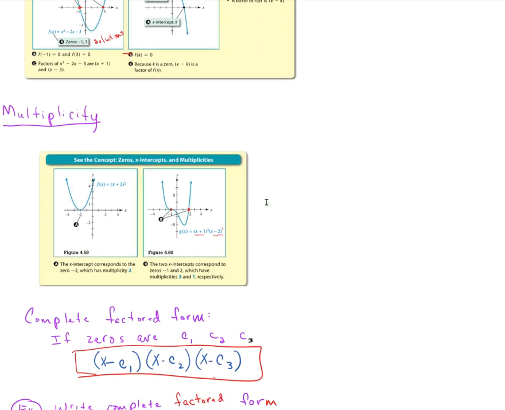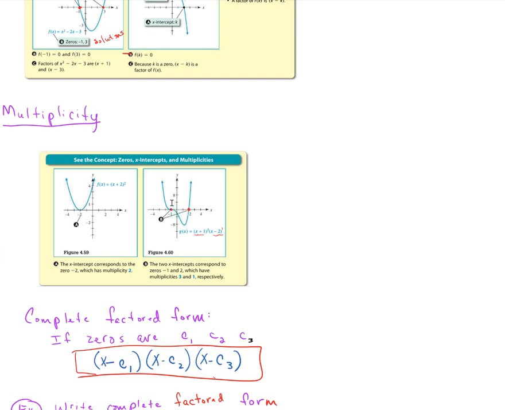Now, let's look here. On this function, it hits at -2. And remember, we said that meant -2 was a repeated root. So that's x plus 2 squared. That exponent says there's 2 of those. So that's a multiplicity of 2. Now, on this one, these two x-intercepts, we've got -1 and we've got 2.